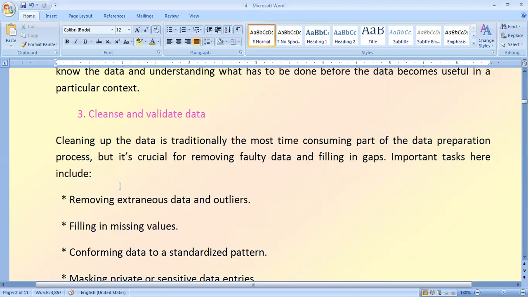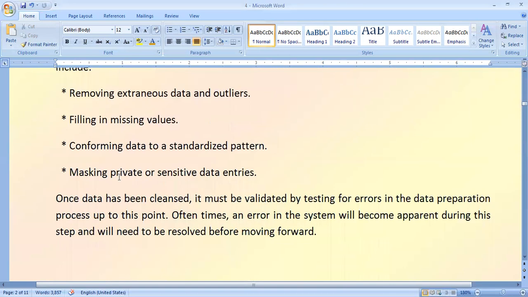Important tasks here include removing extraneous data and outliers, filling in missing values, conforming data to a standardized pattern, and masking private or sensitive data entries. Once data has been cleansed, it must be validated by testing for errors in the data preparation process. Often errors in the system will become apparent during this step and will need to be resolved before moving forward.